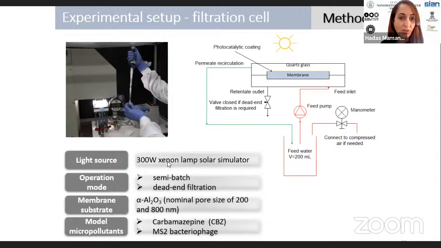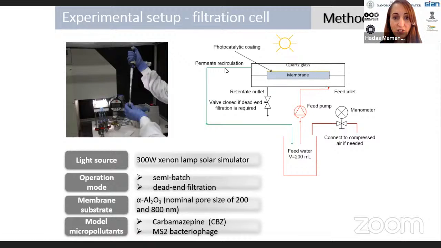We had a 300 watt xenon lamp solar simulator. And we used ceramic membranes with 200 and 800 nanometer nominal pore sizes. And we used carbamazepine and MS2 bacteriophage as our model pollutants, okay? So basically, we had here the water feed, and the water feed went through the membrane.